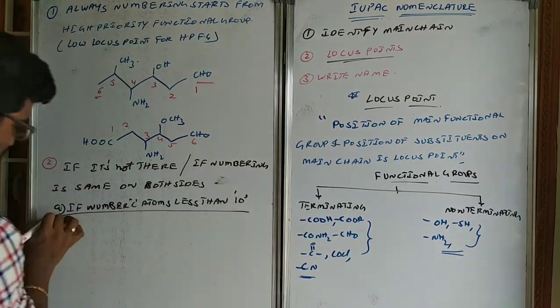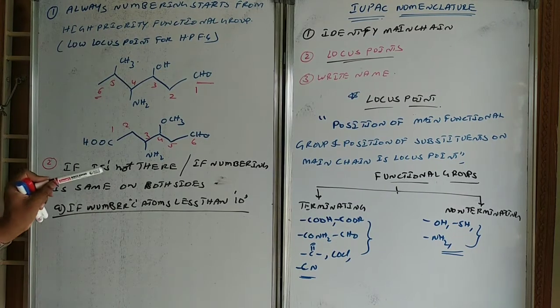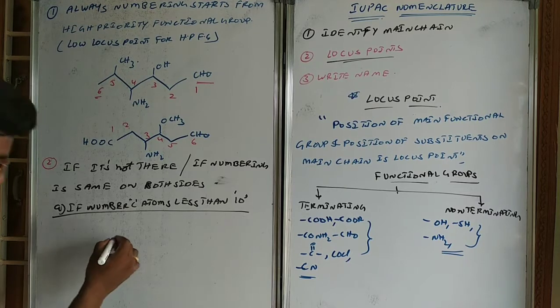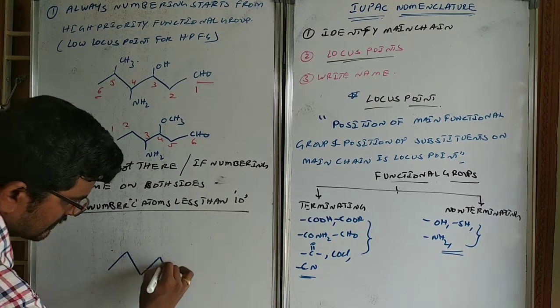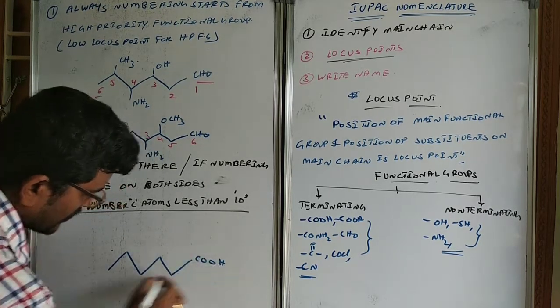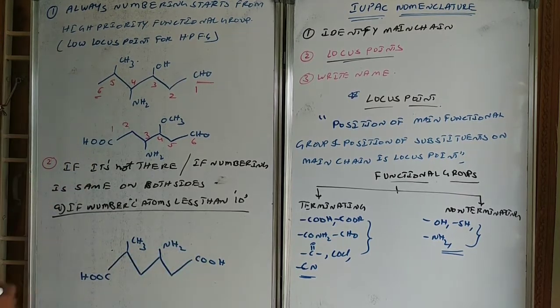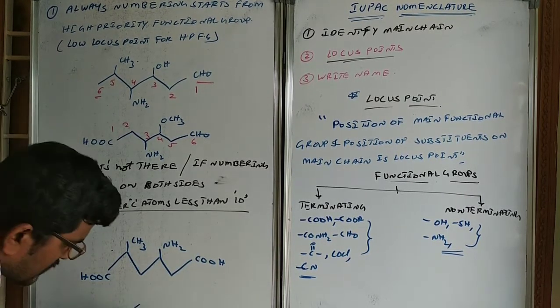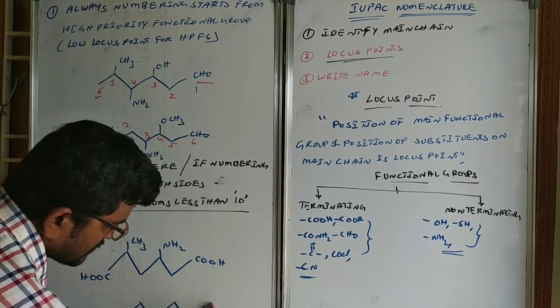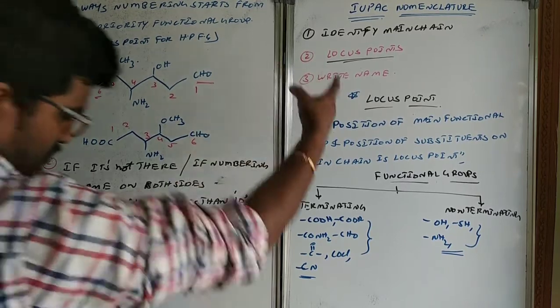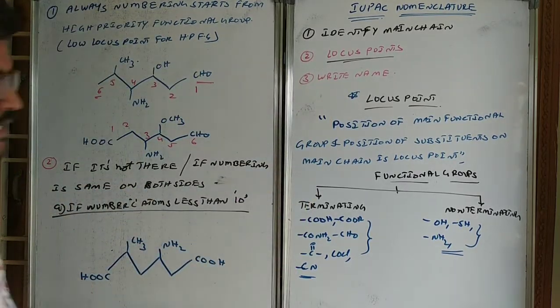This is one condition: if it's not there or if the numbering is the same on both sides. Let us take this one, COOH, CH3, NH2. This one, or there is a compound like this, which is not possible. I will come to this. Hope you have taken down this.